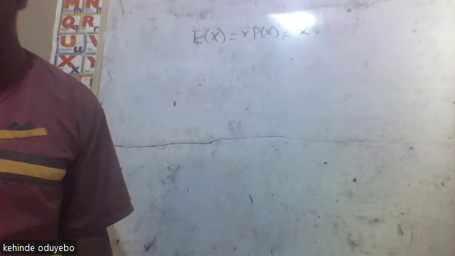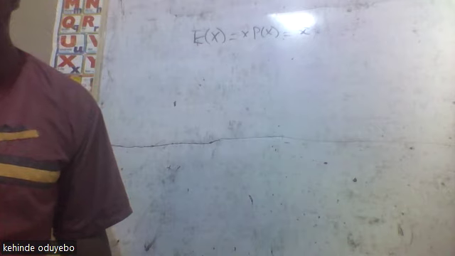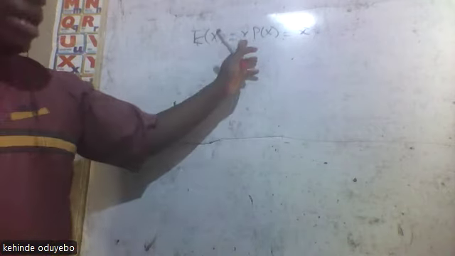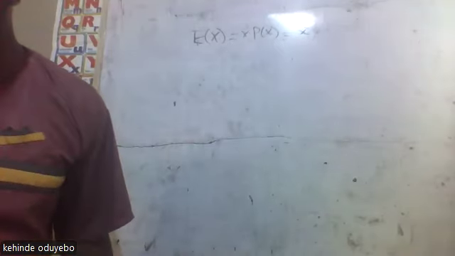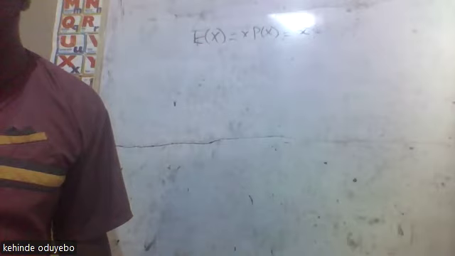What would be a fair price to pay for the ticket? What should that be? It's a question on expectation. You multiply the X by the probability. The X here is 5,000 and the probabilities are what? So you multiply 5,000 by the probability.